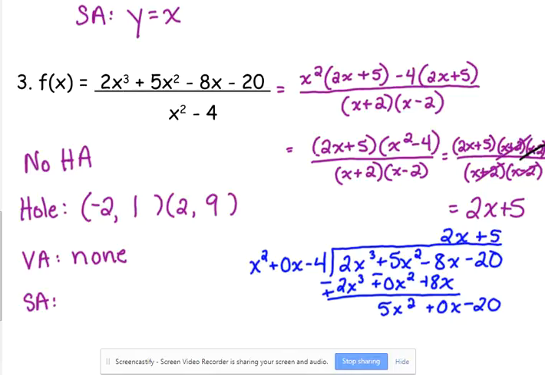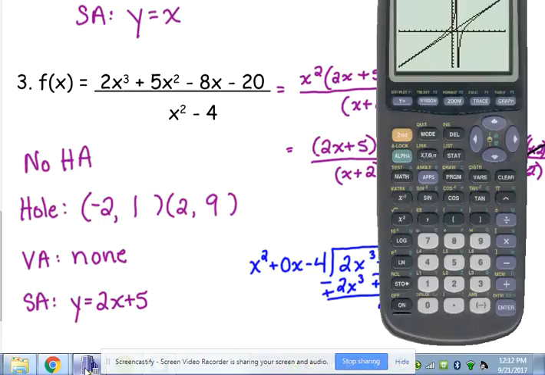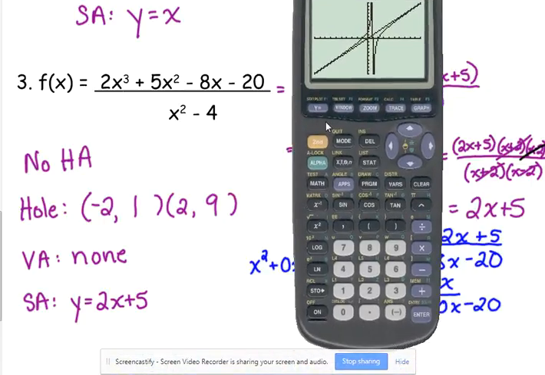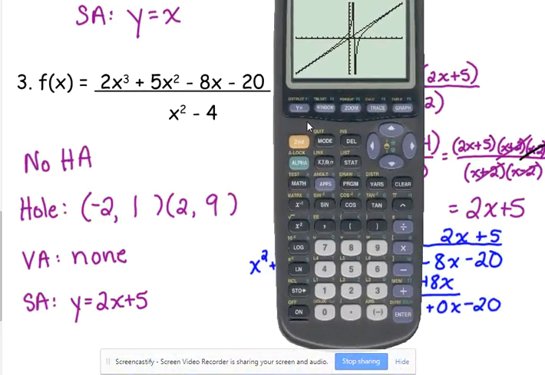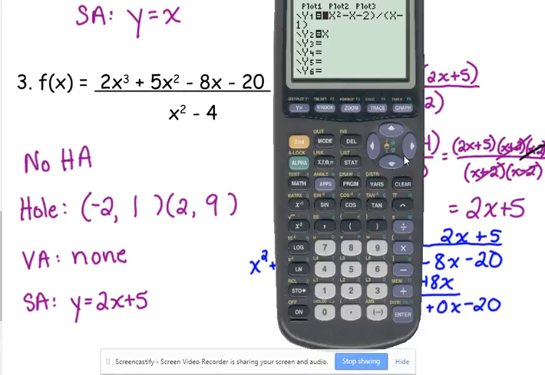So then we've got plus 5. That's interesting. Isn't that our simplified version of our function? It is. This is kind of a special case because it's simplified all the way down to a linear function. Then that is your slant asymptote. It's kind of weird, but that is your slant asymptote.